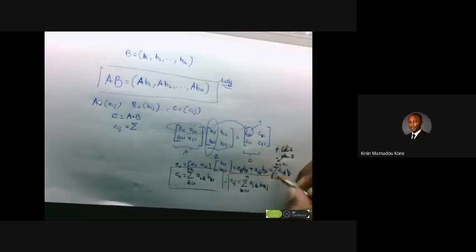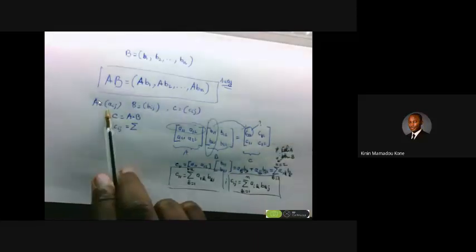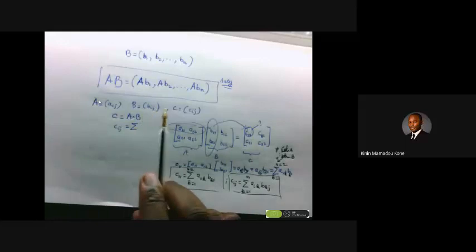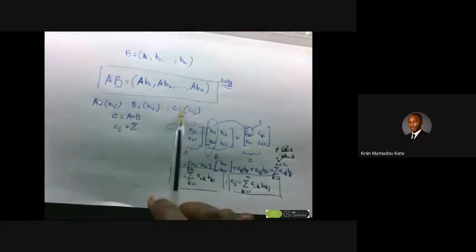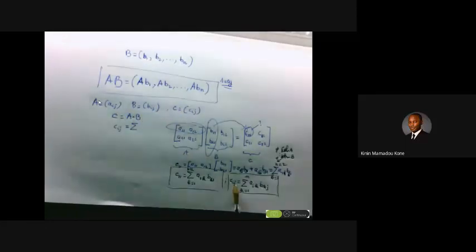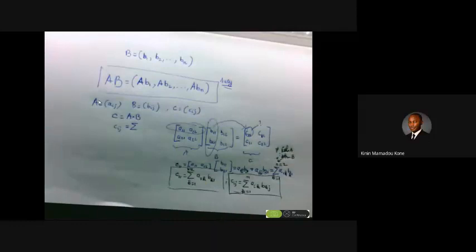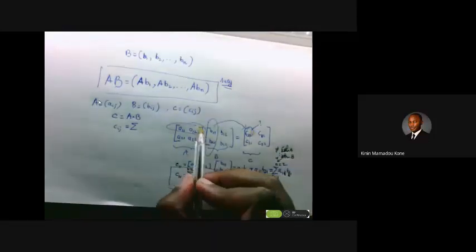So in general, for a matrix A and a matrix B such that A times B is equal to another matrix C, the ij entry of C is equal to the sum of the A entry (i, k) times the B entry (k, j). This is the generalization of this formula. But to make it simple, if you want to find, for example, this entry, you do this one times this one, and it gives you that one.